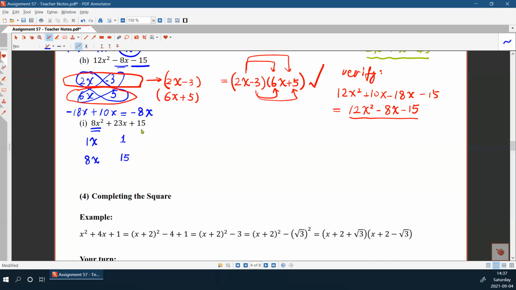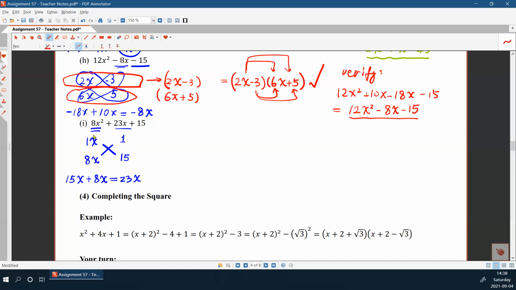And 15 can be factored to 1 by 15, right? So in this way, by cross multiplication, as you can see here, first you will get 15x. Next, you will get 8x, right? So 15x plus 8x is 23x, which is the term in the middle here. So this is working now.